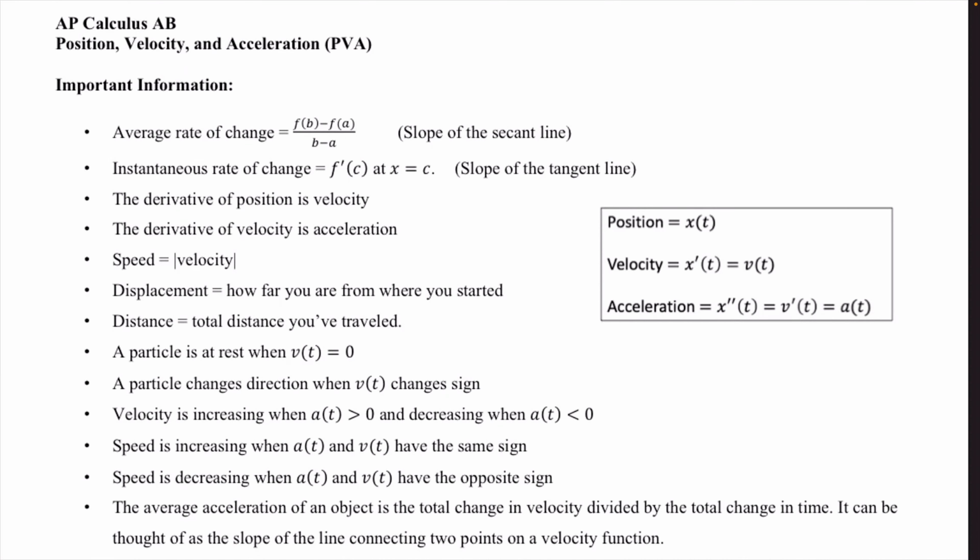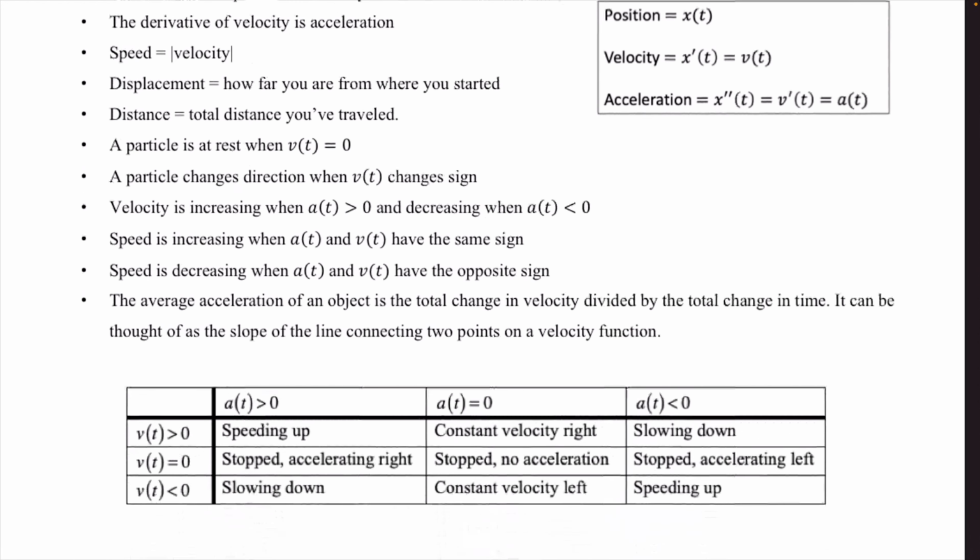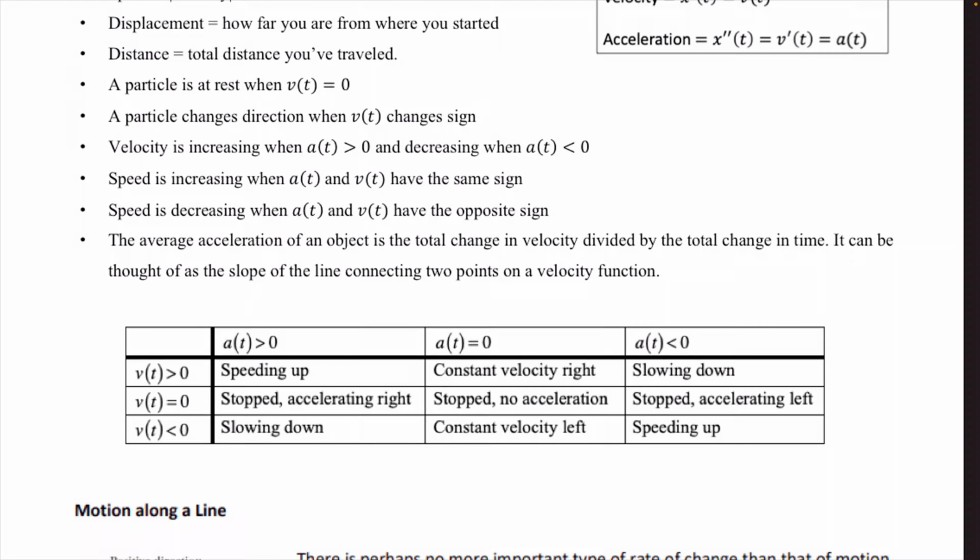When is my speed increasing? When acceleration and velocity have the same sign, moving in the same direction, positive or negative. Decreasing is when they have opposite signs. Like when you're going 30 but slowing down, pressing the brake. Exactly.